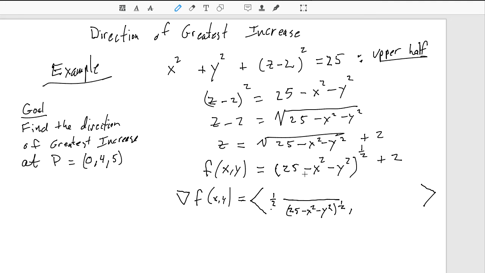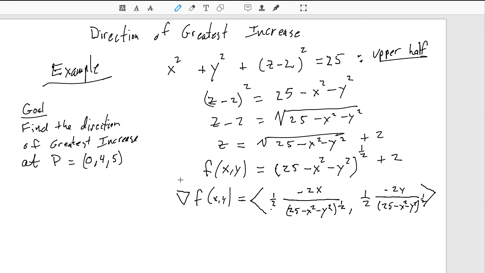And then the derivative of the inside is going to be negative 2x. Same thing is going to happen for the y. So all this stuff is going to go right here, of course. And then this is going to be minus 2y. And the half's going to be down there.